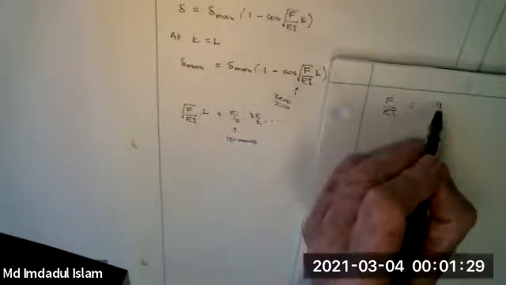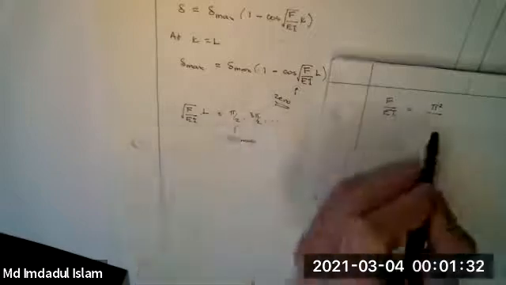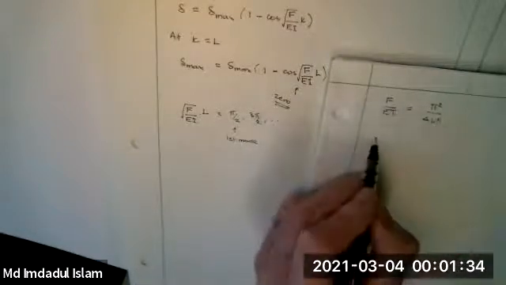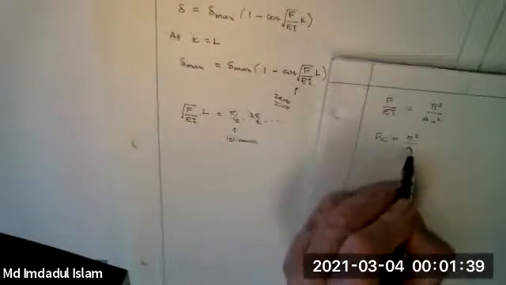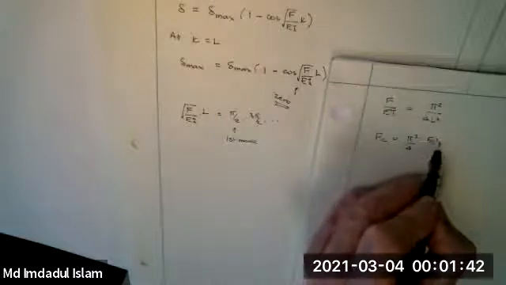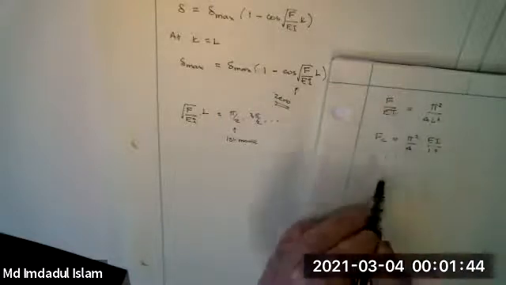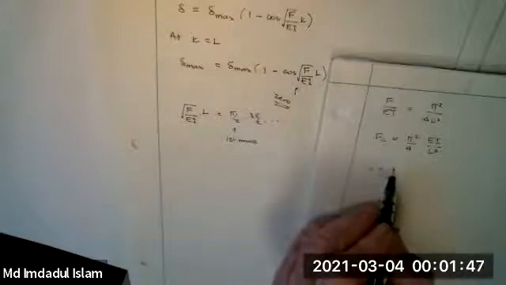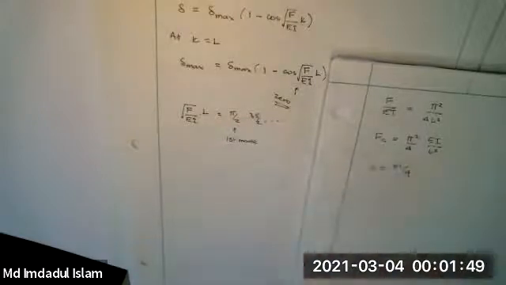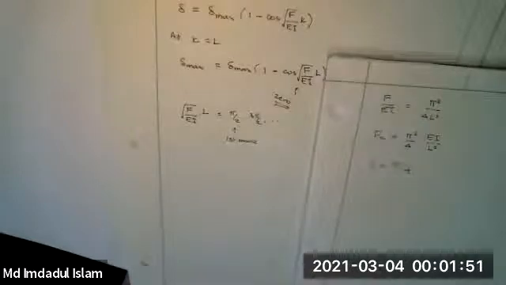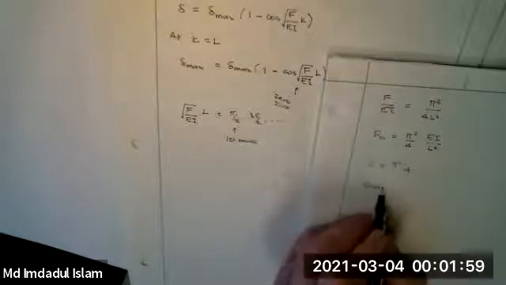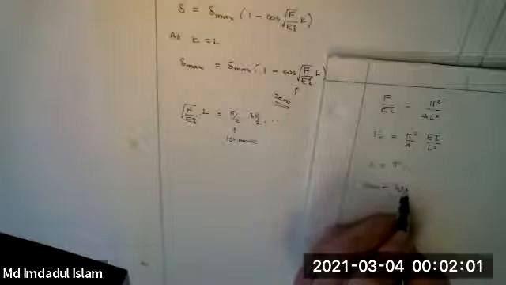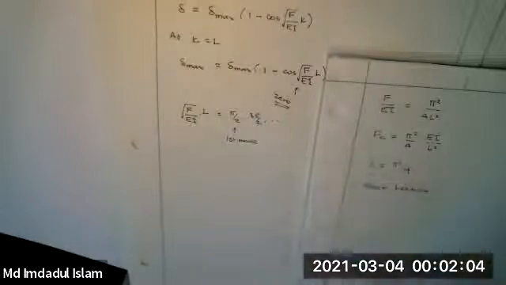It's pi squared upon 2 squared is 4 L squared, or FC, so lambda is pi squared upon 4. So actually, the buckling load has gone down. And it is easier to buckle. It's easier because it can move laterally.